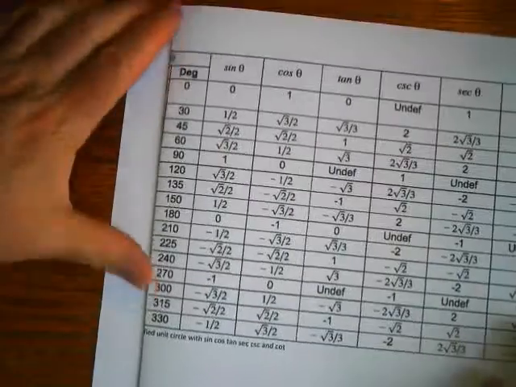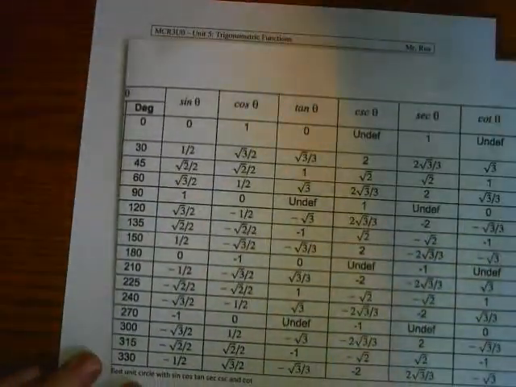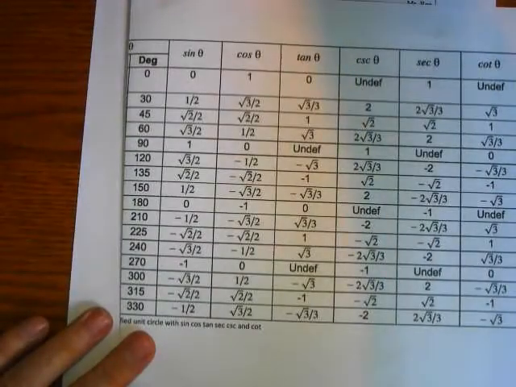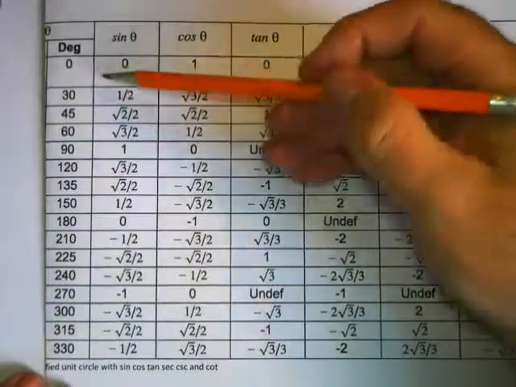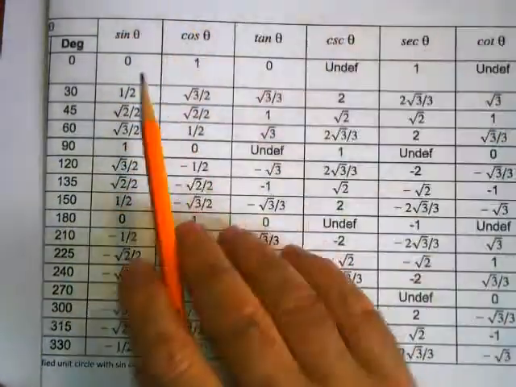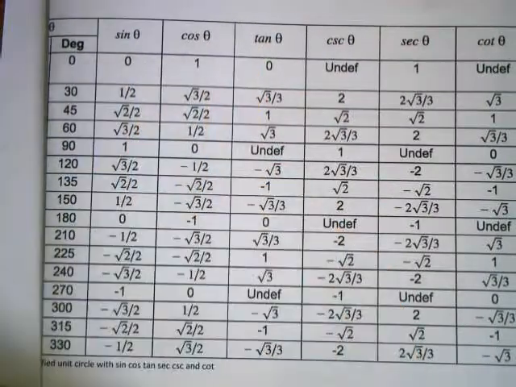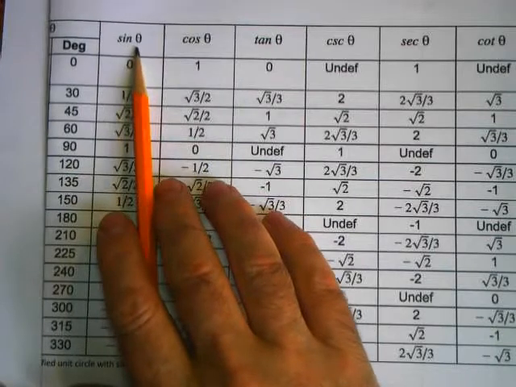If I look at my table now, I've got my degrees down the left column, so that's my input variable. And then I've actually defined my functions here. Again, we're only going to be talking today about sine theta and cos theta.